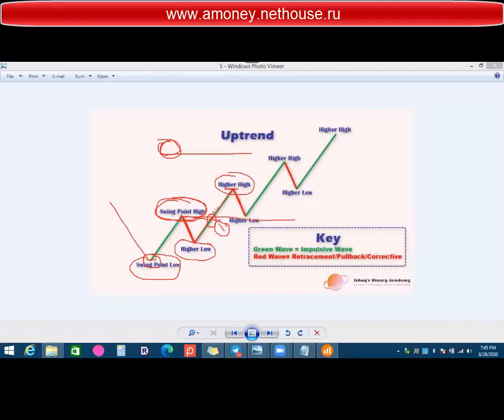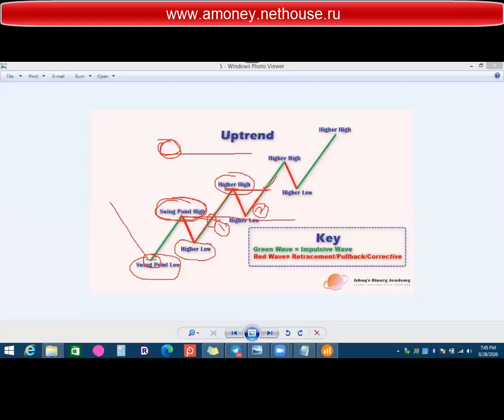When the last swing point high level is not broken and the market moves up again, it can be expected that this is the second impulsive wave. The second impulsive wave moves in the up direction and breaks here.